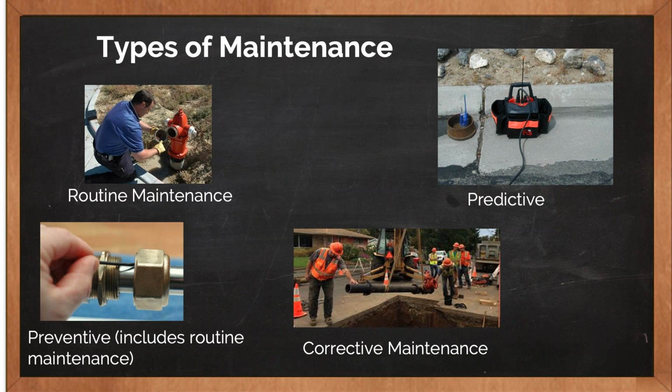And then the last one is predictive. Predictive maintenance is really about trying to predict when the asset will fail. So leak detection is one kind of predictive maintenance. Tank inspections, like if you ever put a diver in your tank, you're trying to predict if there's a problem inside that tank that you need to address. There are condition assessments that you can do in pipelines, where you can get a company to come in and assess your pipes.